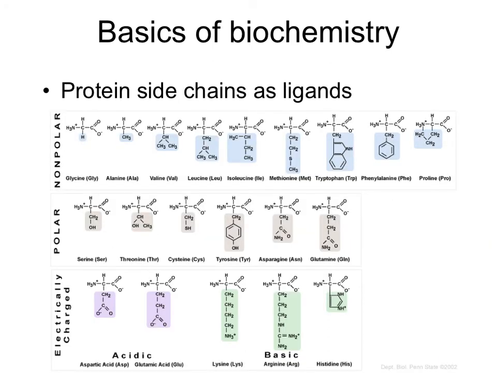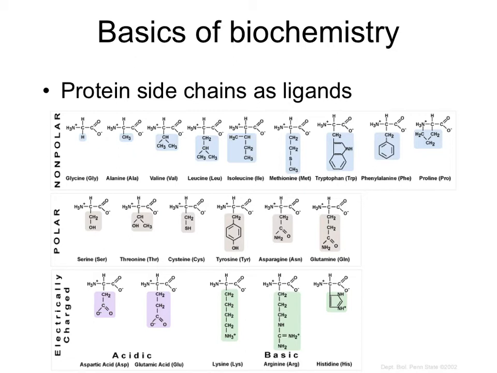So I'm going to ask you to think about this as you're looking at the slide, but let me introduce it first. These are the 20 naturally occurring protein side chains found in biology. There are several additional ones found in organisms that are not coded by genetics, but are added in a post-translational modification to the backbone. But these 20 are the ones that we normally think of as being the amino acids in life.